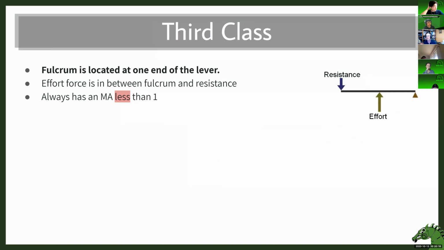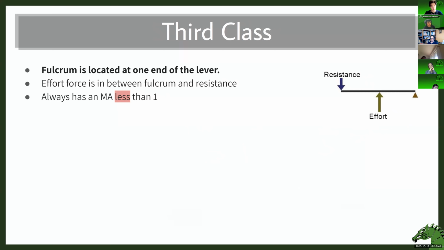All right. So for the third class lever, basically the fulcrum is still located on the end, but the location of the resistance and effort forces are reversed. So they're still opposing, but the effort force is in the center this time, and the resistance is on the outside.